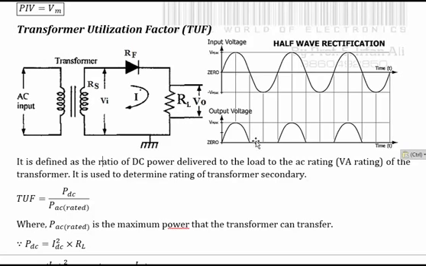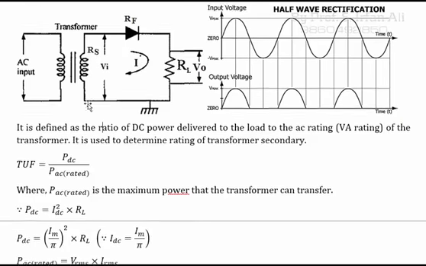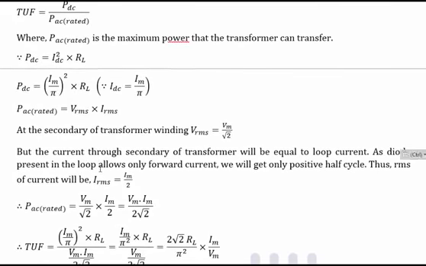So the RMS value of current at this side will also be Im by 2, because the current is the same at output and input. As the current is the same for output and input, the RMS value of current will also be the same. For output, the RMS value of current is Im by 2, so at the input side, it will also be Im by 2. IRMS will be equal to Im by 2.